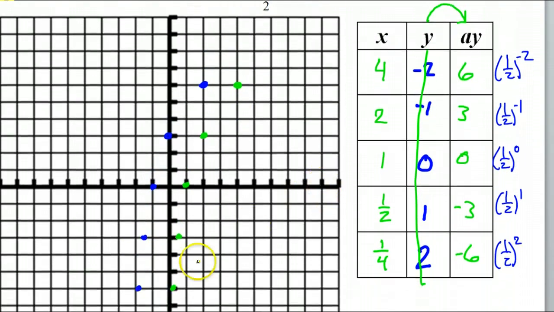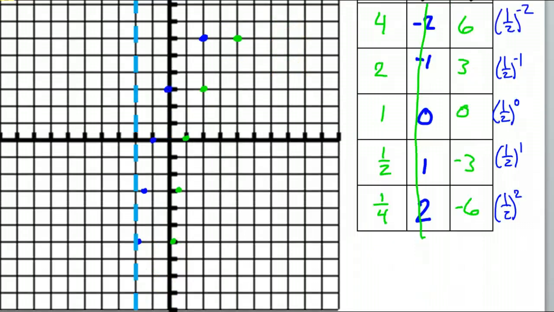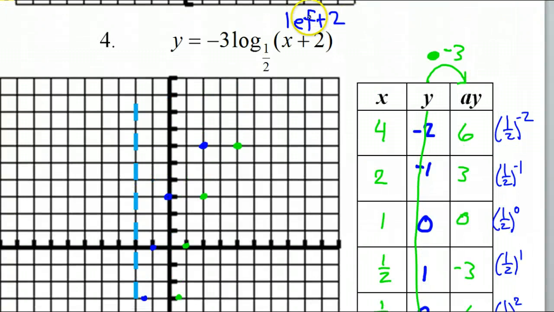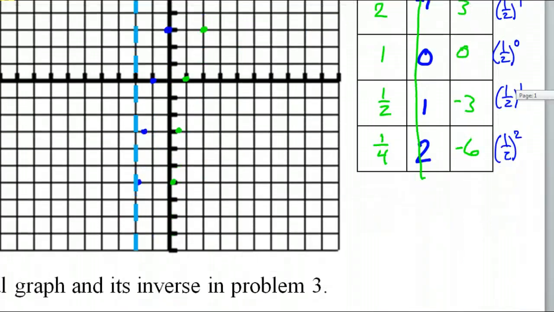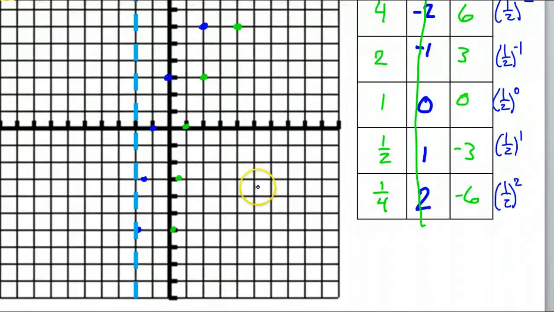We are done. Okay, so let's put in our asymptote and draw the curve. Notice that because we had our shift of left 2, that is going to affect our asymptote, so our asymptote will also be left 2. Alright, so let's draw that curve. Starting from down here, it's going to start off appearing to trace the asymptote until it starts to branch out a little bit.